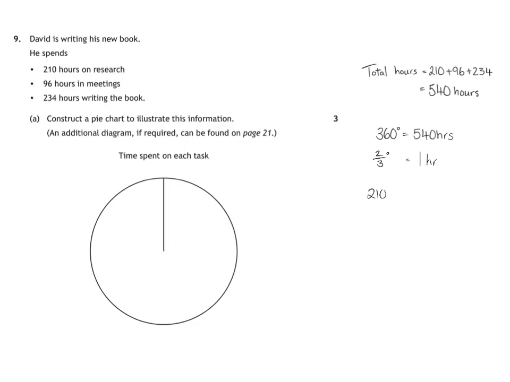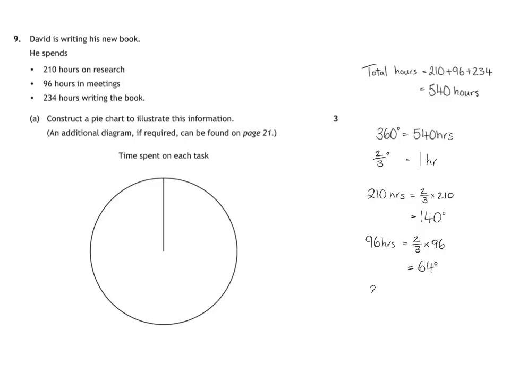So 210 hours, not 210 degrees, so 210 hours is 2/3 times 210. So we get 2/3 of 210, which is 140 degrees. For our 96 hours, we have 2/3 of 96, which is 64 degrees.